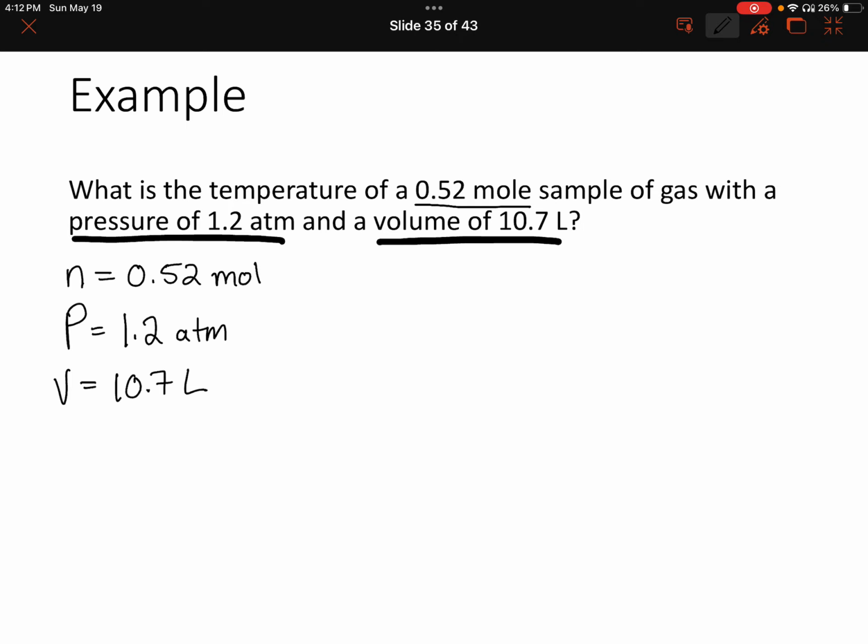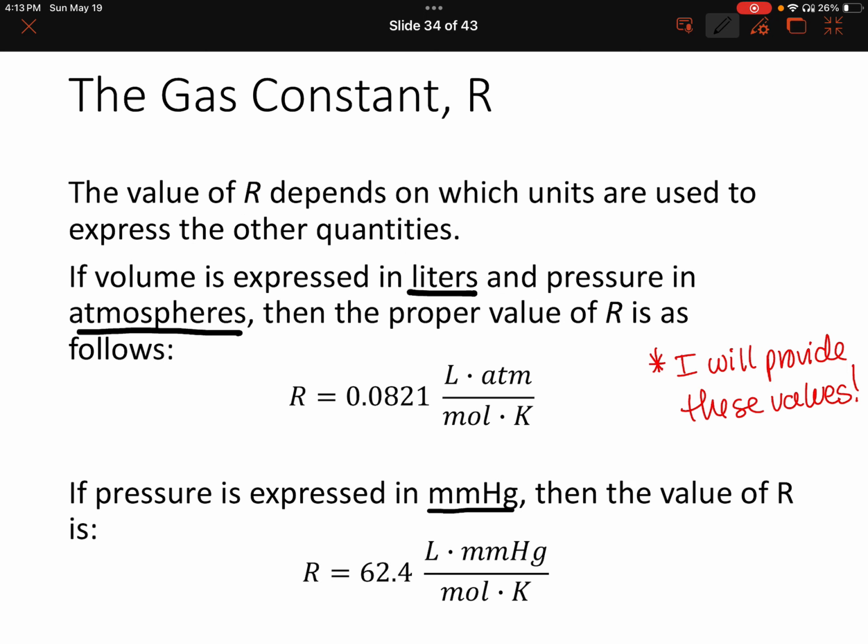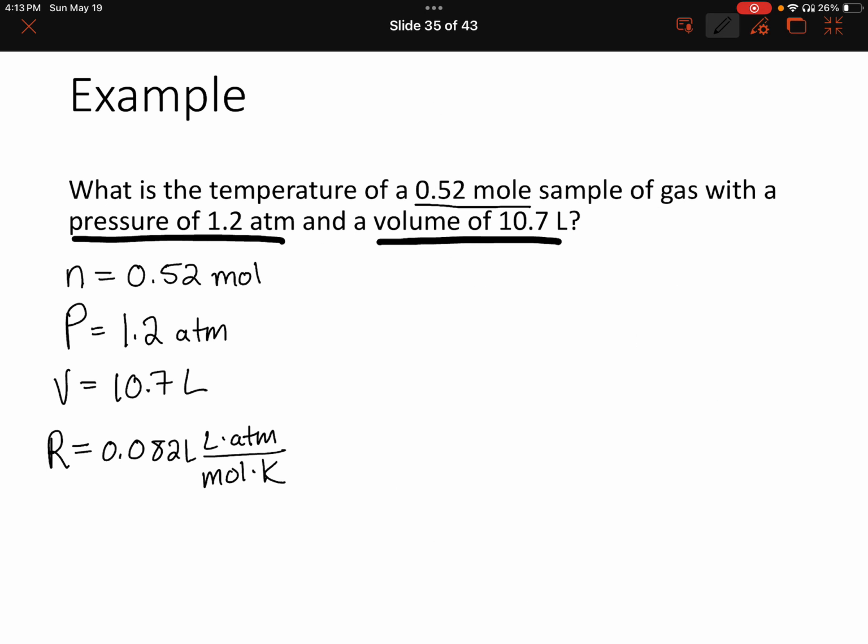Now, since we're using atmospheres as our pressure unit, we can use the constant R that's equal to 0.0821 liters times atmospheres over moles times Kelvin. So again, that was given on the last slide. I just took this value here. And I knew to use that value because, again, we're using the unit of atmospheres for pressure. So I didn't want to use the one that uses millimeters of mercury.